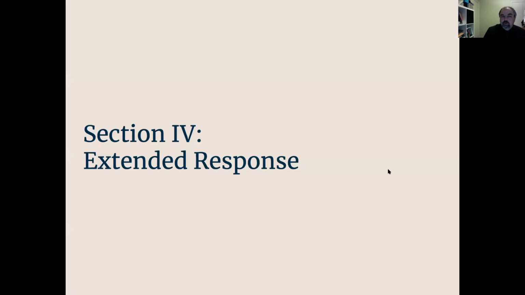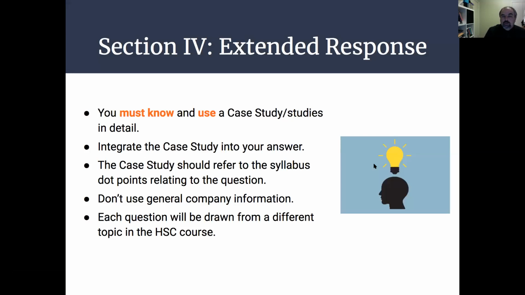All right, let's move on to our extended response type questions. The only difference between the business report and the extended response is that they're going to be questions from different topics, but you have to use the case study. In section 3, if you don't write in report format, you're going to be restricted in accessing the full range of marks.